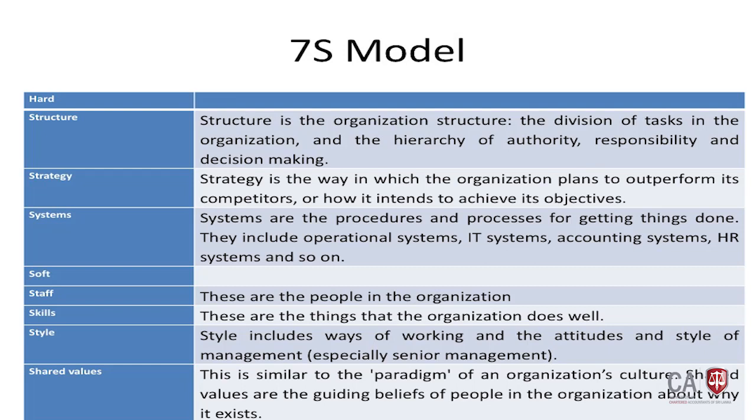Shared values are the guiding beliefs of people in the organization about why it exists. So, this is the most important one. Culture is the number one factor in the organization. That is why I identify it in the middle, and normally it affects all other elements.